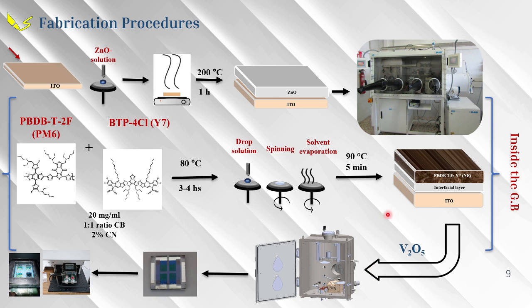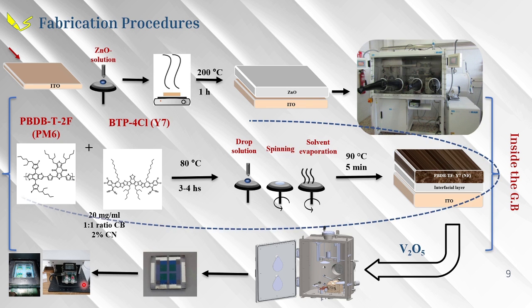Then the hole transporting layer, vanadium oxide, was thermally evaporated in a thermal evaporator, also inside the glove box. And then a layer of silver was deposited over the vanadium oxide as a contact to form this shape of cell. And this vacuum holder is used to characterize all the electrical and optical characteristics of the cell, as we will see in the next slide.